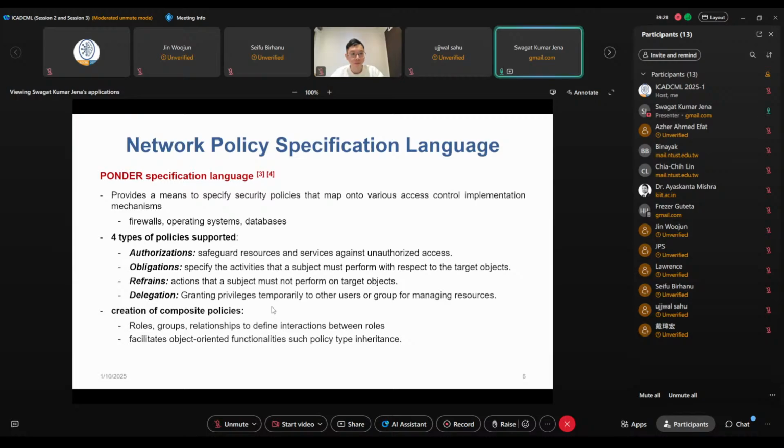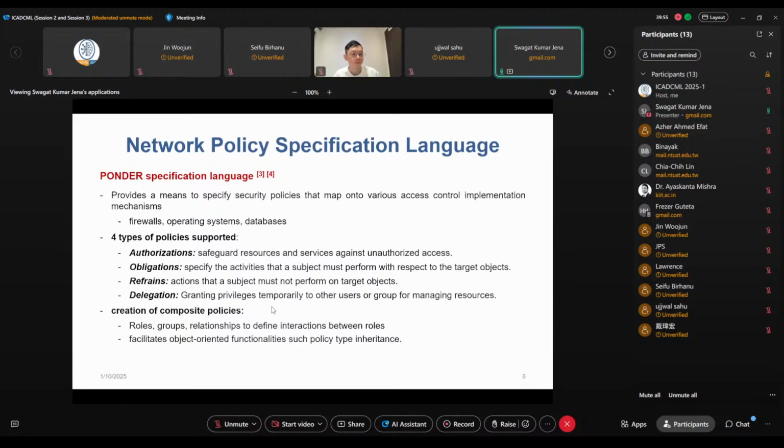Similarly, obligation is related to the activities which a subject must perform with respect to the target object. Refrain covers the actions that a subject must not perform on the target object. For example, if I say that on this particular machine, this particular software should not be upgraded or should not be installed, it is a refrain policy.